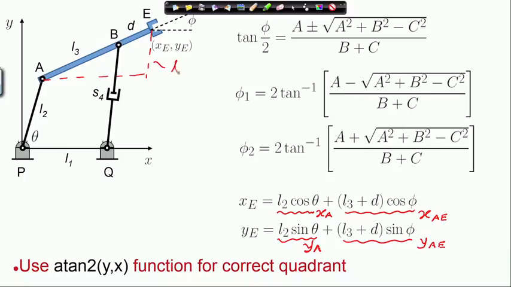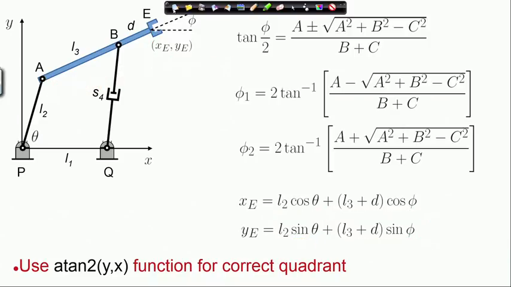So, this is L 3 plus d sin phi, and this is L 3 plus d cosine phi. So, that is x e and y e. So, we have obtained the coordinates of the end effector point E.